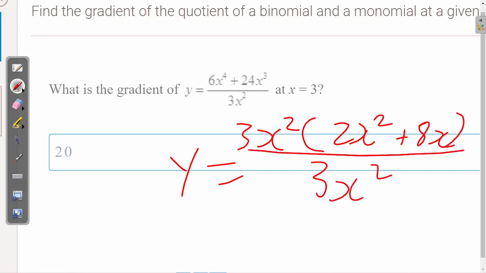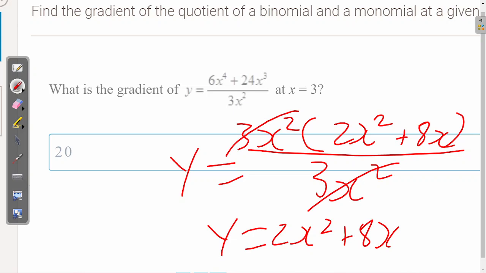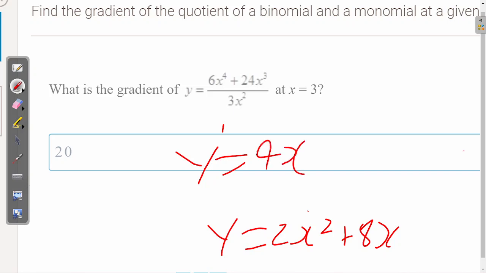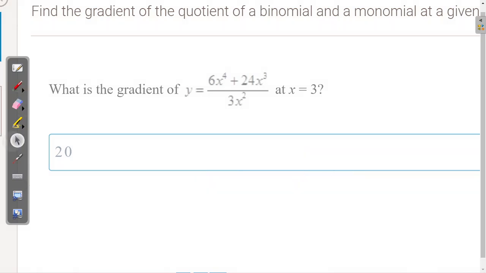Now you can cancel 3x squared, so now you have y equals 2x squared plus 8x. Now we can derive this easily. So y prime equals 4x plus 8. The gradient at 3, so you substitute x with 3, so 4 times 3, 12, plus 8, 20.